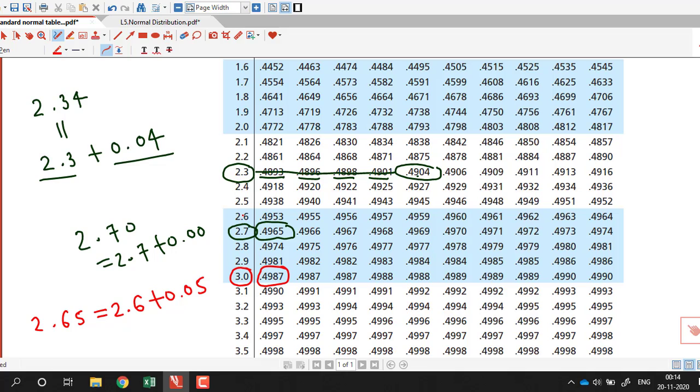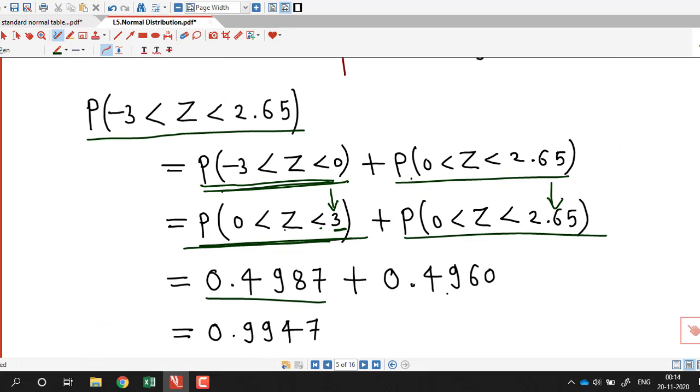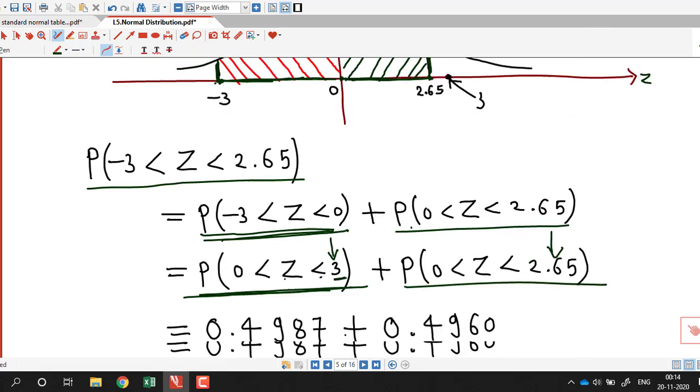So first we find 2.6, and then we go up to 0.05. So this is 0.00, 01, 02, 03, 04 and 05. So the answer is 0.4960, and the summation is 0.9947. So the required area is 0.9947.